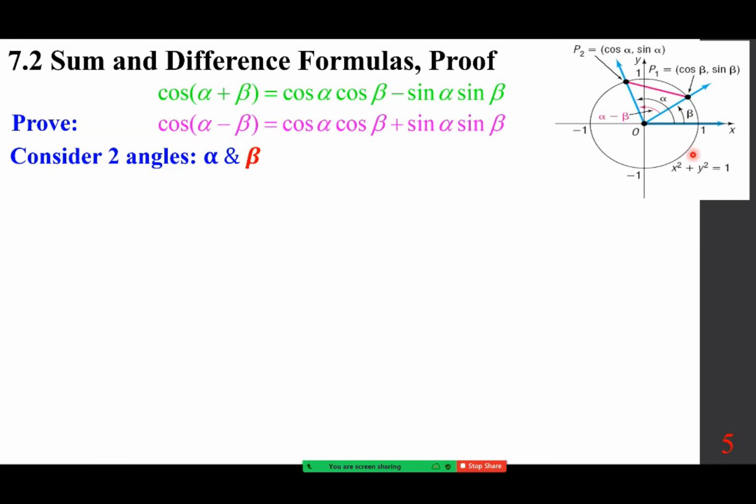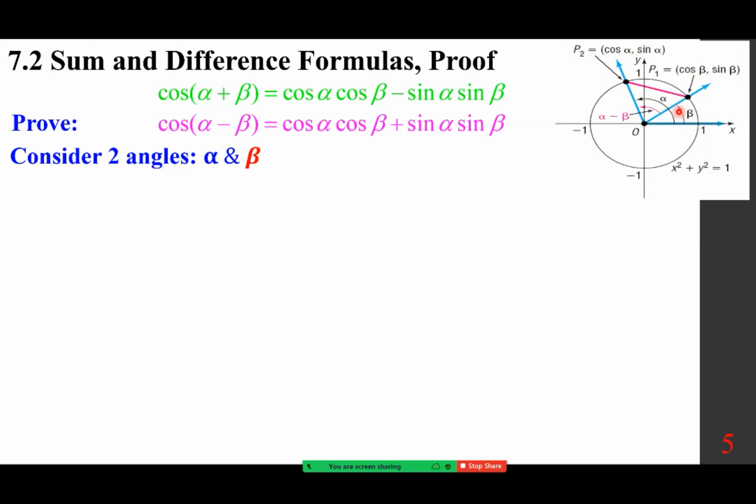Since this is a unit circle, this point, P sub 1, has coordinates cosine beta, sine beta. This P sub 2 has coordinates cosine alpha, sine alpha. Again, this is alpha, the big one.